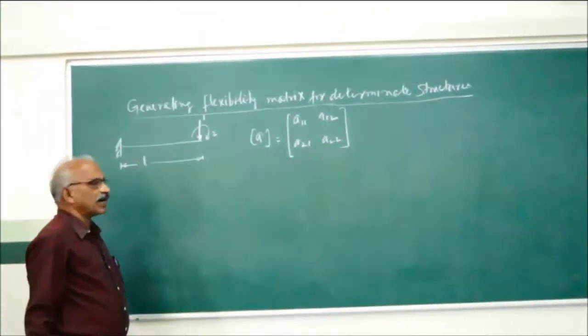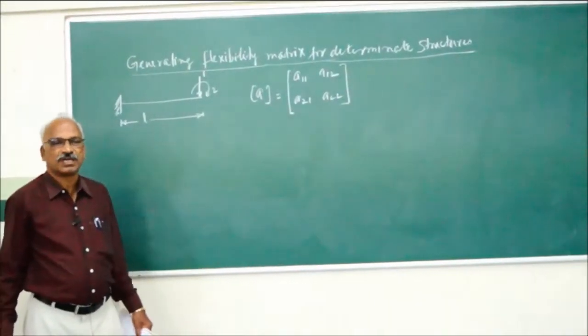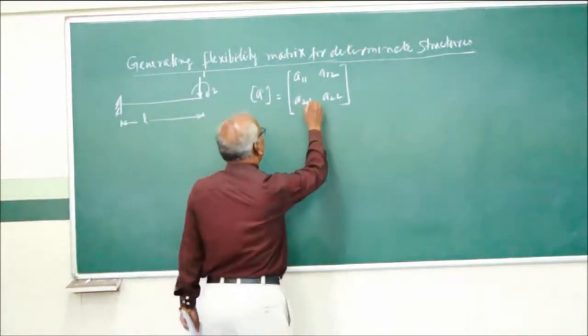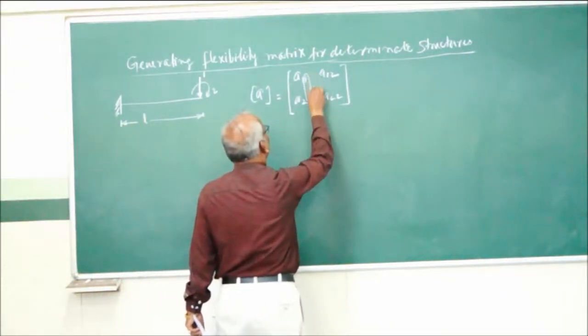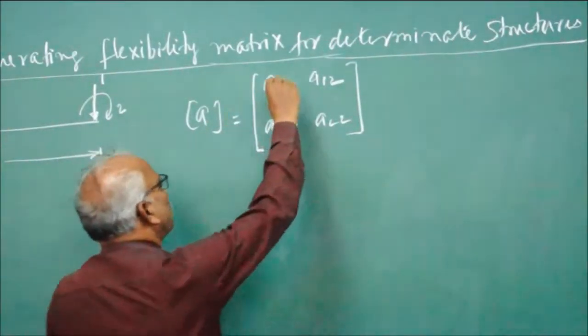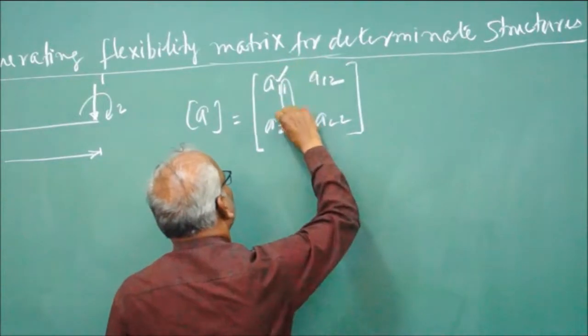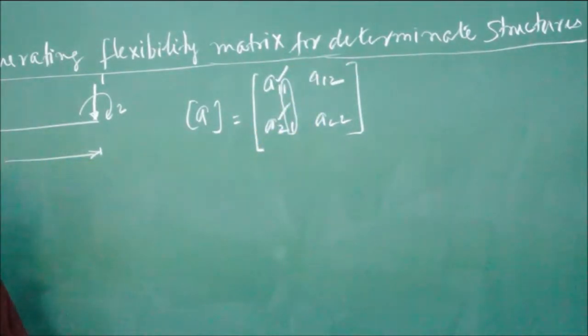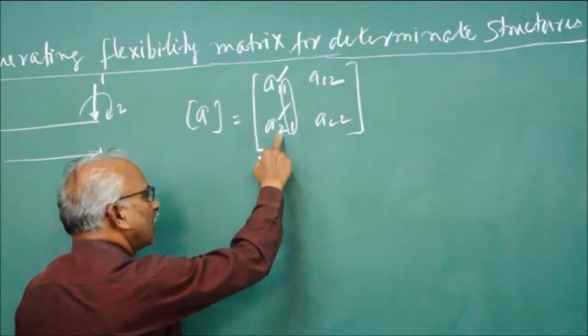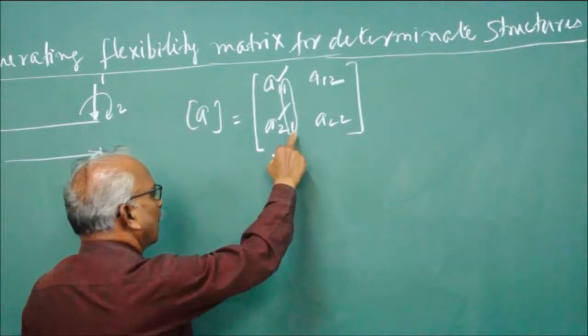Now, for getting the first column, you have to apply unit force along coordinate 1 only, and write out the displacements. You know the flexibility coefficient Aij gives the displacement at coordinate i due to unit force at coordinate j.